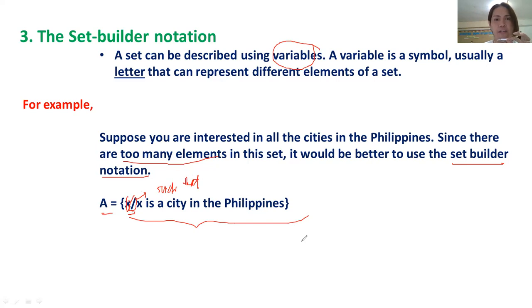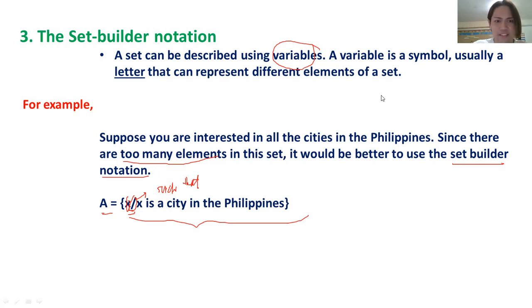So again, you can read this as set A is equal to the set of X such that X is a city in the Philippines. In this case, we are using the set builder notation to describe the elements of the set by using the variable X to represent the members or the elements of the set. Did you get it? I hope you got it.